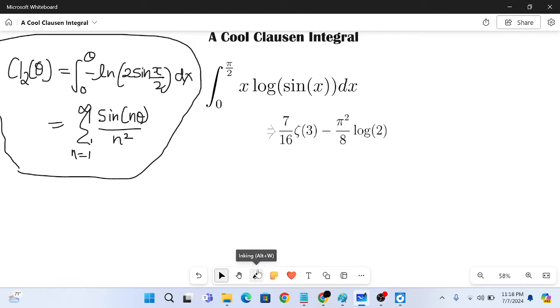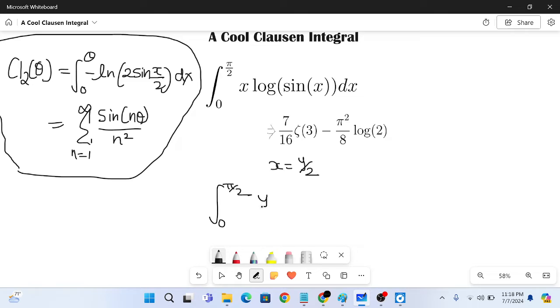First of all, I guess we need to use integration by parts. Or maybe first let's try to make this y by 2. So let's say x is equal to y by 2. Then we get the integral from 0 to pi by 2 of y by 2 log sine of y by 2, and then dx is dy by 2.